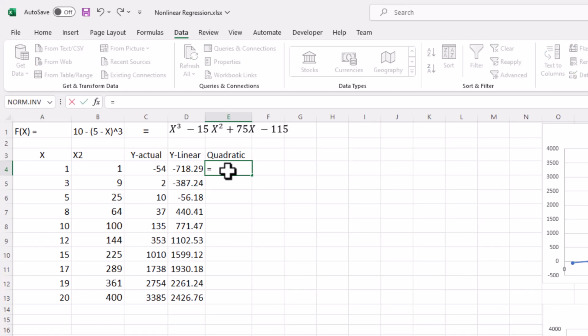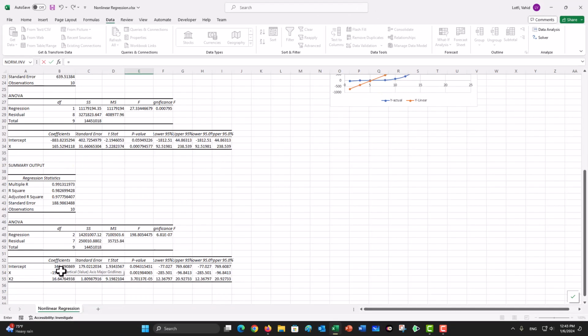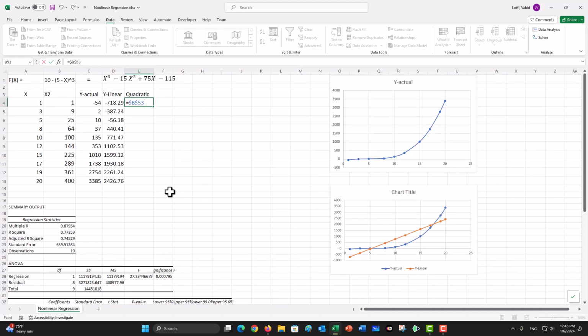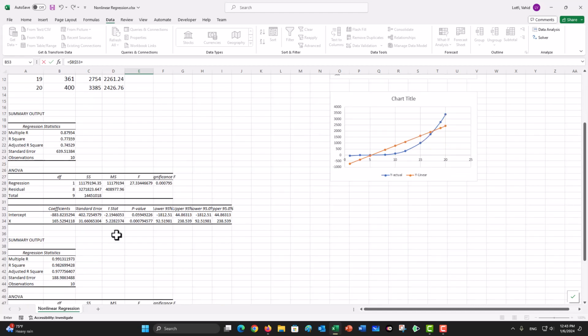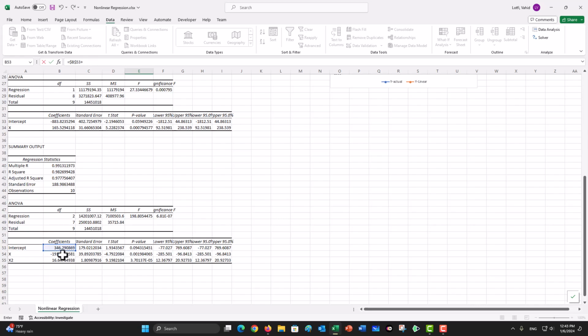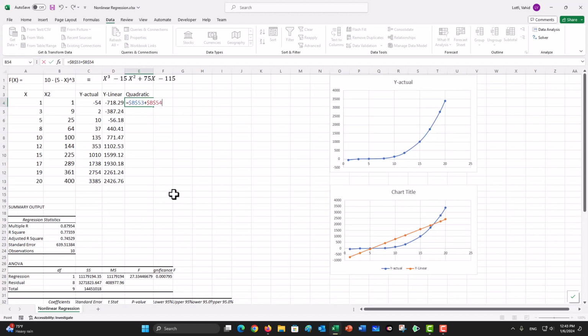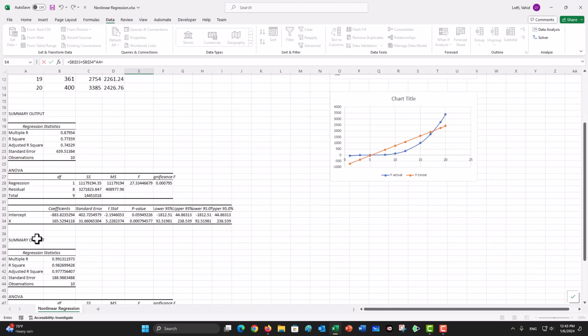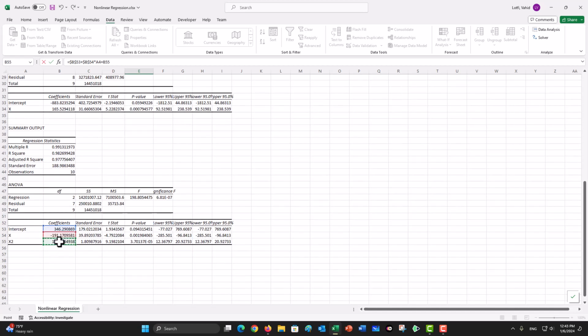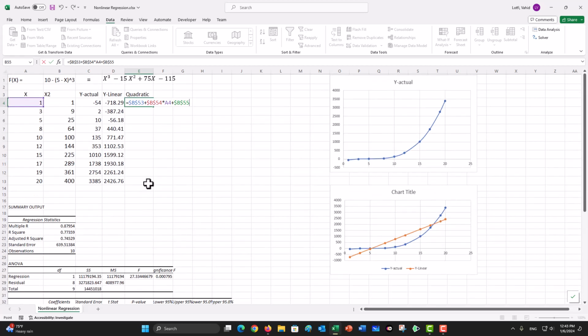The first thing is the intercept, which was down here, and we make this an absolute cell reference, plus the coefficient of x1, which is here, and I'll make that an absolute cell reference, multiplied by x, plus the coefficient of x squared, which was down here, again absolute cell reference, and that is multiplied by x squared, which is in this cell, and that's my formula.